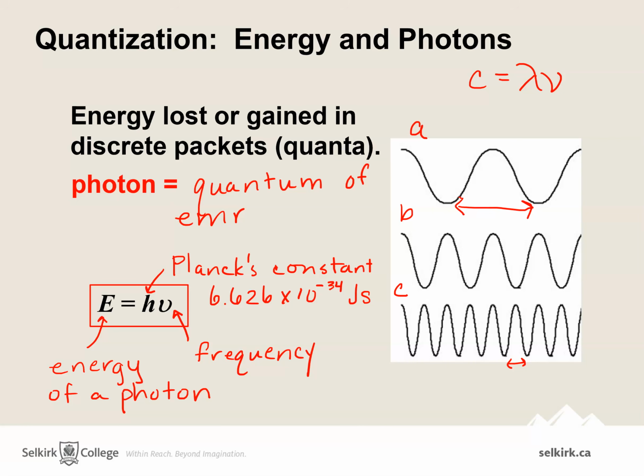A has the biggest wavelength and the smallest frequency. All right, let's add in the energy of a photon. Which one of these waves corresponds to a photon of greatest energy? That would be C, because we said that the one with the highest frequency has the highest energy.